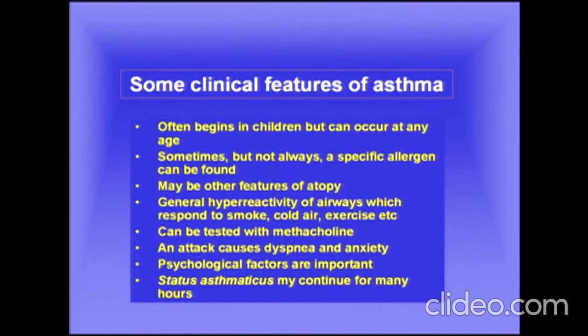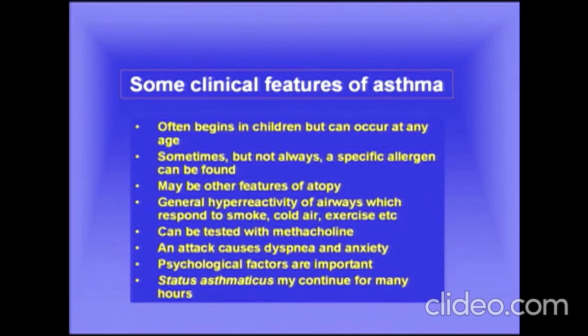So there is an allergic form of asthma, but there is also a non-allergic form, and the reasons for that are not so clear. As we've seen, there's a general hyperreactivity of the airways, so that they respond to factors other than allergens, such as smoke. In fact, secondhand smoke is a serious problem with some people, cigarette smoke.